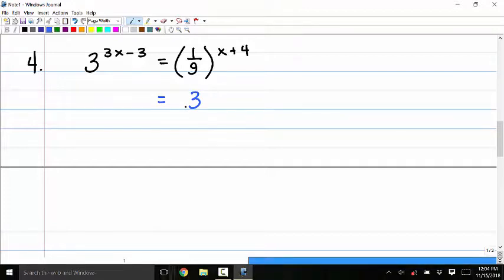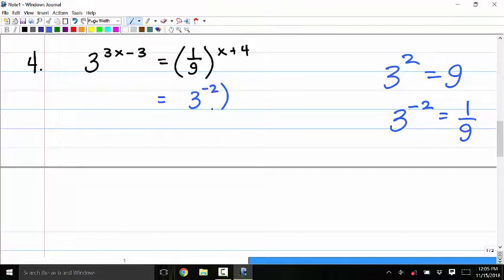You know it's going to be negative because it needs to go down to the denominator. But 3 to the what is 9? 3 to the 2 is equal to 9. So 3 to the negative 2 is going to equal 1/9. Yep. So 3 to the negative 2 to the x plus 4 is equal to 3 to the 3x minus 3.